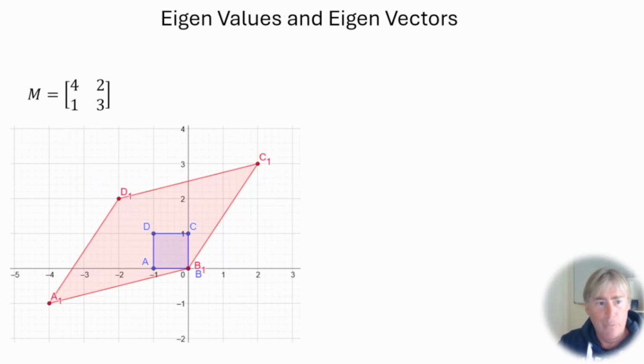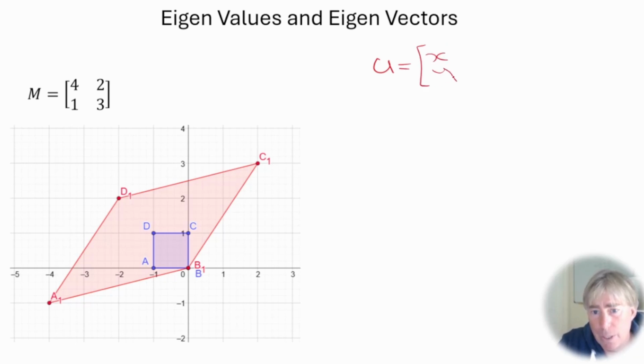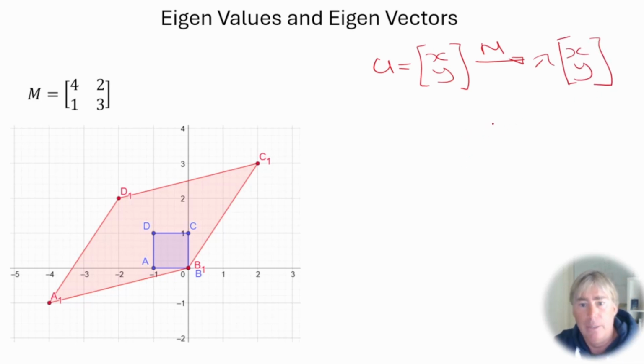Well, what I'm going to do is define an eigenvector as u, a set of xy coordinates whereby if I transform it by matrix M, it becomes some scale factor lambda of xy, i.e. it scales along the vector xy.